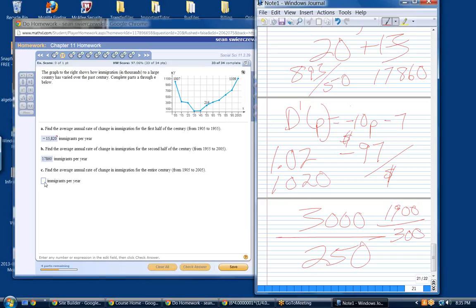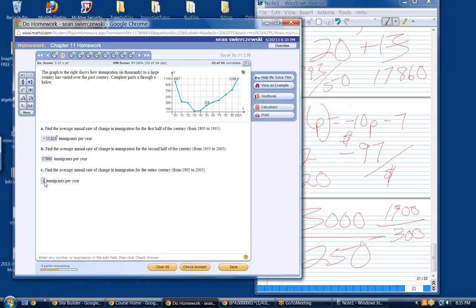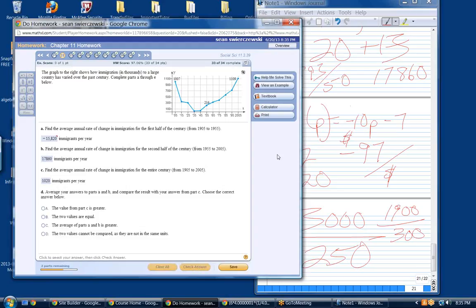Plus 1020. Hallelujah. Is that it? It says 4 more parts. Oh, there's 4 more parts? Yeah, A through E. Oh, so I have to hit continue. Yeah. Okay.